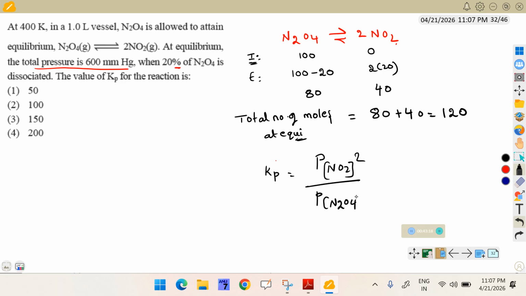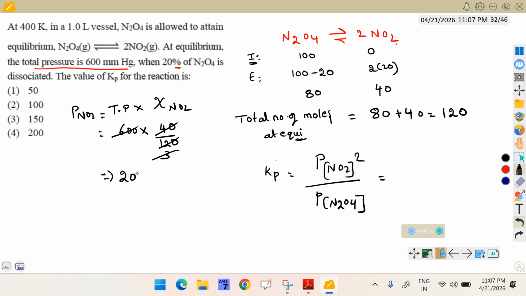How to calculate partial pressure? Partial pressure of NO2 is equal to total pressure into mole fraction of NO2. That is equal to total pressure 600 into mole fraction of NO2, 40 by 120. 4 3s is 200.